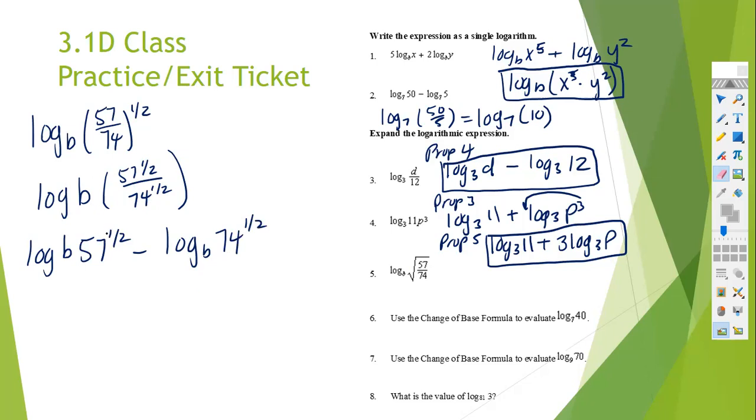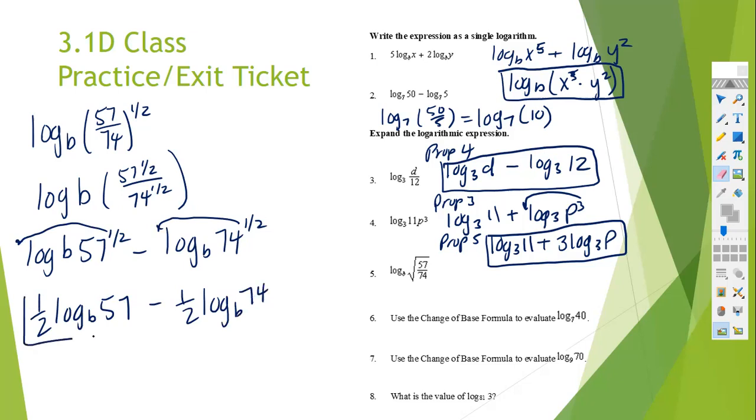So property 5, we want to undo. So my powers are going to become my coefficients. So it's going to give me 1/2 log base b of 57 minus 1/2 log base b of 74. And that would be the expanded version of that. Okay. So that's your expanded version.